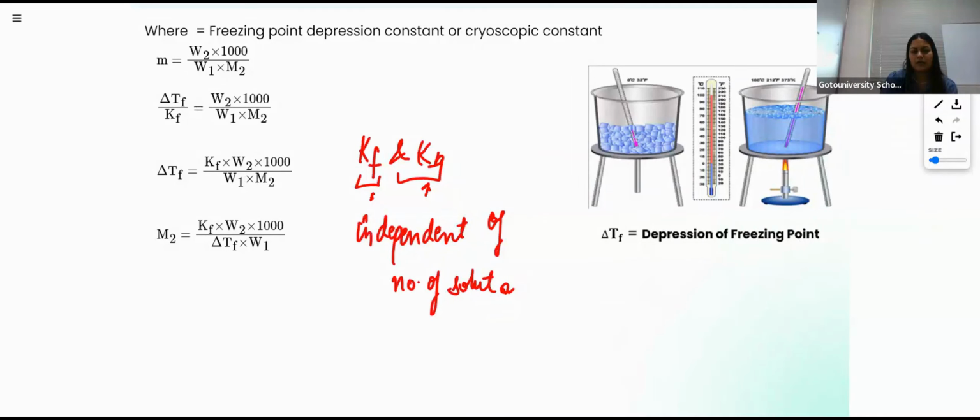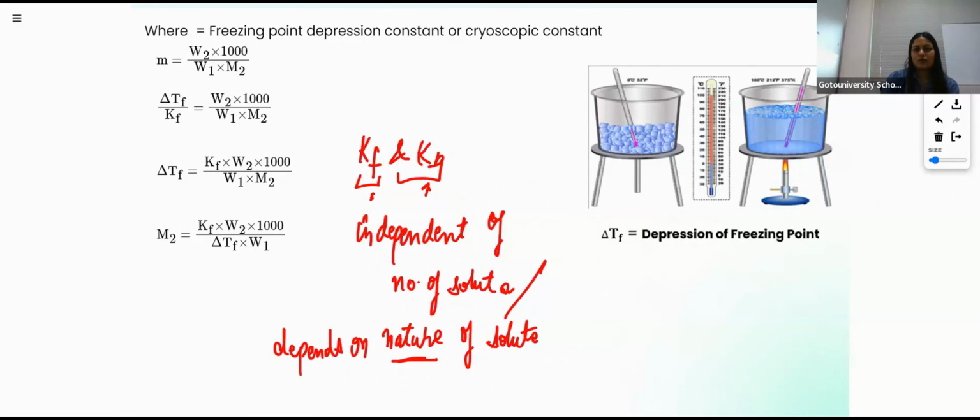They depend only on the nature of the solvent, and their values vary depending on the nature of the solute particles.